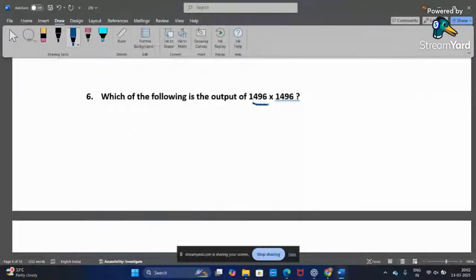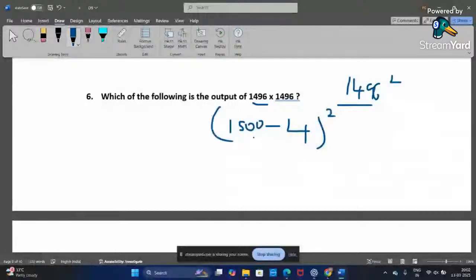What is the round figure of this? 1500, right? So 1500, we have the same number. That means 1496 square, right? So here you can write this in the form of the whole square. Then you have to apply the formula a square minus 2ab plus b square, right? Take this as a, this as b.